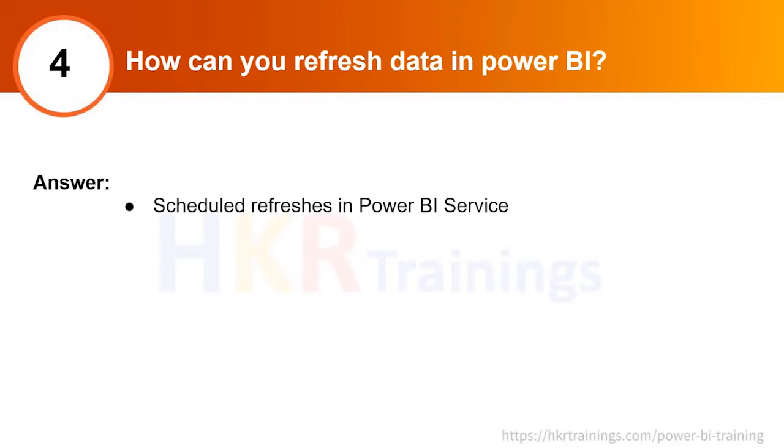That is what we call scheduled refresh. It's like an alarm. When we set an alarm, at that time the refresh will be triggered and the report will be refreshed automatically. We don't need to do it manually. The Power BI service will take care of the refresh part. So it's a one-time thing. Once we build the report, the remaining things are taken care of by the Power BI service.